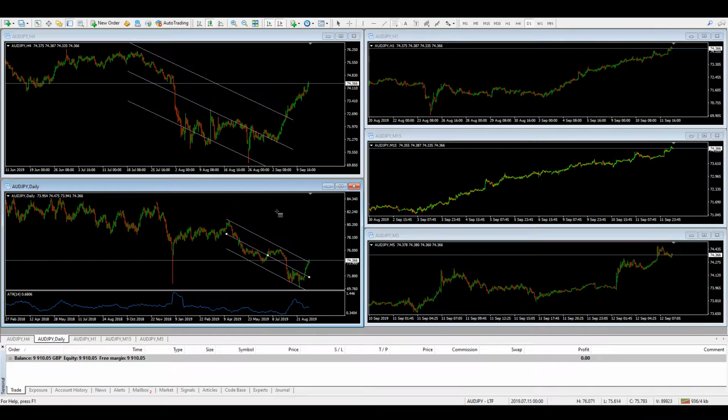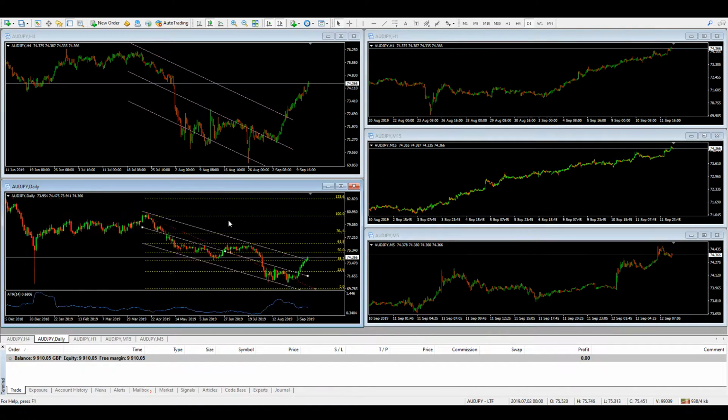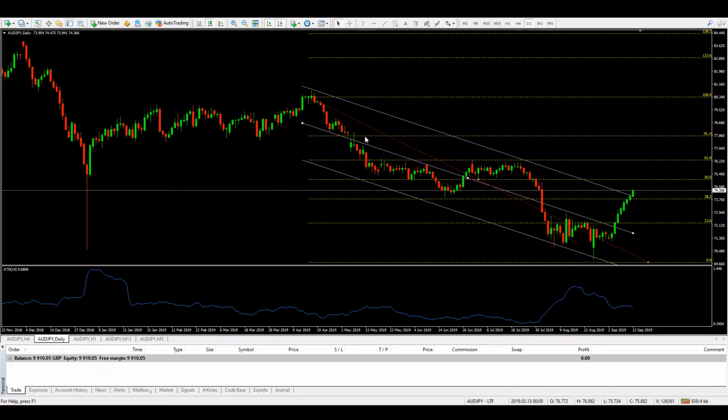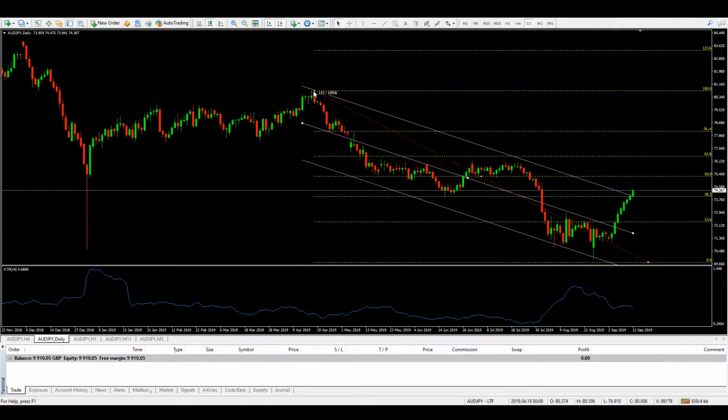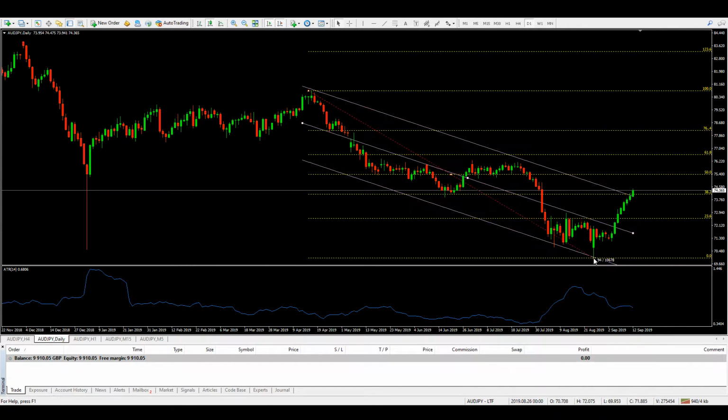Just want to see something quickly as well based on the Fibonacci retrace, just to see if there's any clues to where that level might be. I never use Fibonacci in isolation, so I wouldn't just draw it and consider, oh, there's a retrace level.